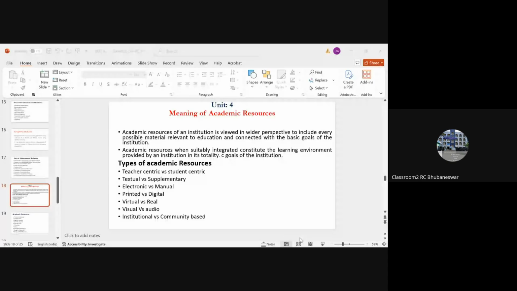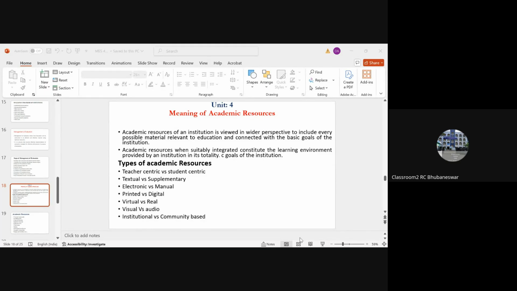Out of five units, in the first class we discussed Unit 1, classroom management. Unit 2 is curriculum transaction. Unit 3 is management of evaluation. So this is the second class of MES 044, and now we are going to discuss Unit 4, management of academic resources.